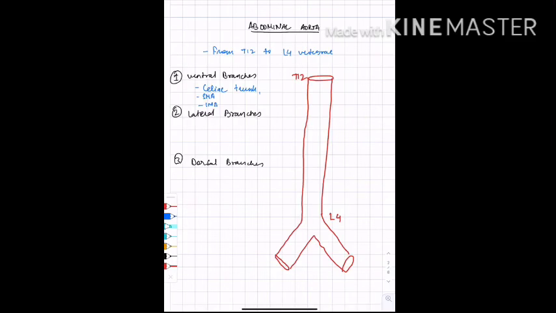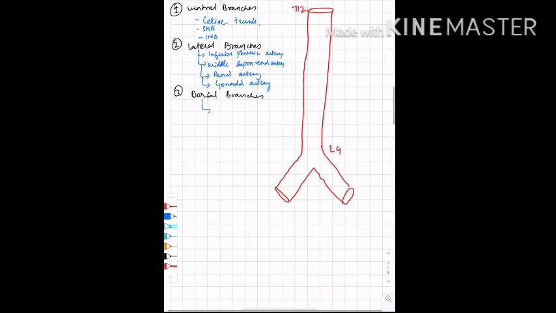Lateral branches are further classified as inferior phrenic arteries first, second is middle suprarenal artery, third is renal artery, and fourth gonadal arteries.